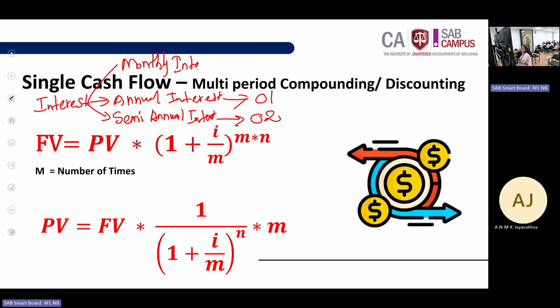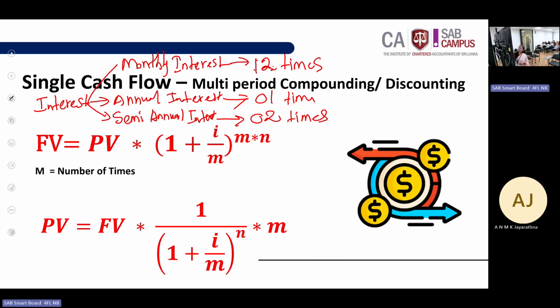Monthly interest. How many times you receive interest now? 12 times. Annual is 1 time, semi-annual 2 times.